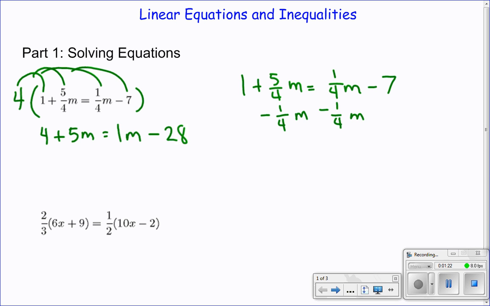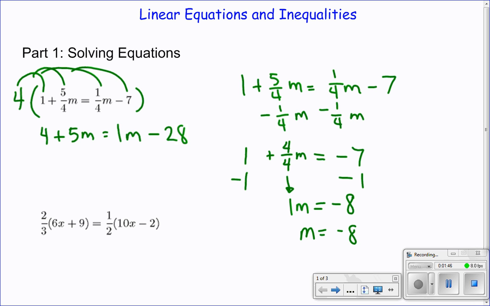And 5 over 4 minus 1 over 4 is equal to 4 over 4, which is 1. So you're left with 4 over 4 m and a negative 7. We can minus 1 to the other side. 4 over 4 is just 1. So we have 1m is equal to a negative 8, or m equals negative 8.